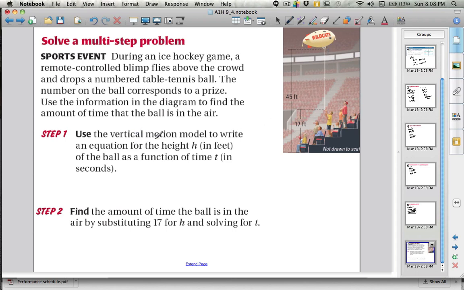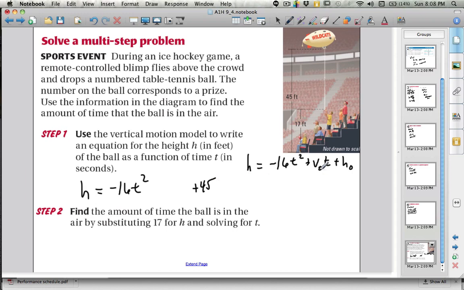And if we want to use the vertical motion model, so remember that's going to be that the height is equal to negative 16 times time squared, plus the velocity at time 0, also times the time, plus the height at time 0. Okay, so my height at time 0 is 45, so I know h is going to be equal to negative 16t squared, and at the back end we're going to have plus 45.